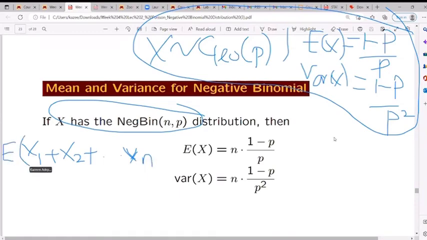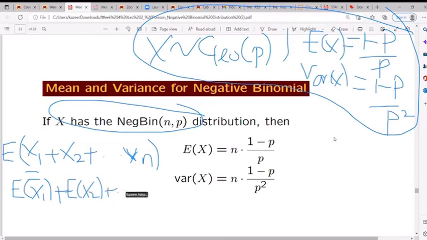When you take the expectation of that, using the law of linearity of expectation, I'm going to have that up to Sn. Since each of them has the same value for the geometric distribution, you just multiply that by n. And the same thing is applicable to variance.